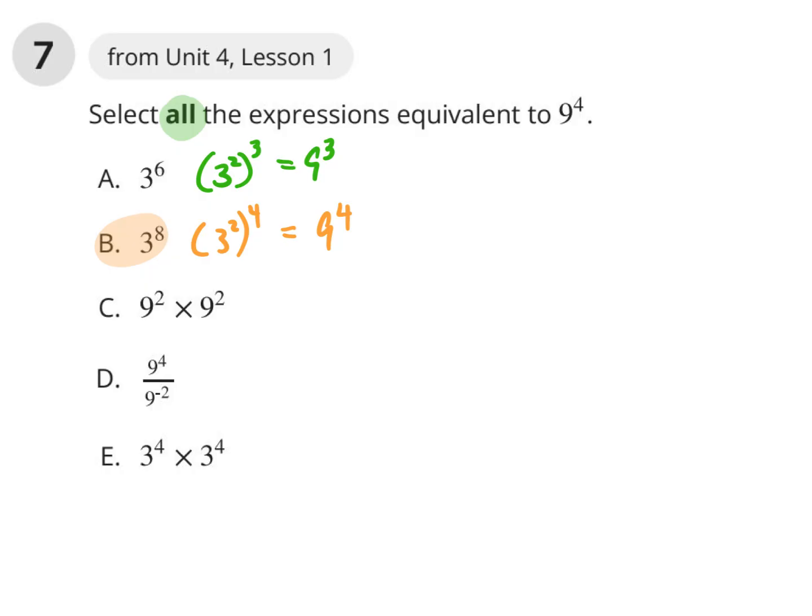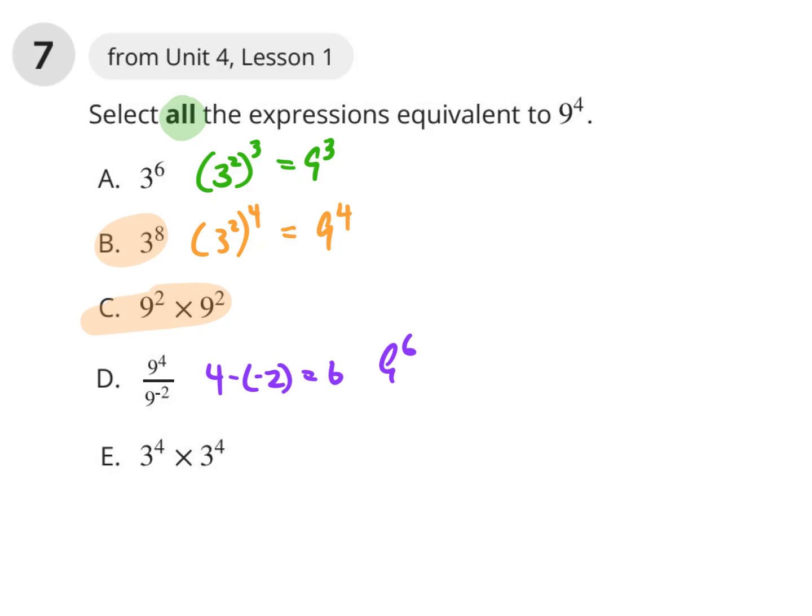C works. When you multiply the same base, add the exponents. For D, if I take the exponents 4, oops, I always forget to get off marker. If I do 4 minus a -2, I get 6.